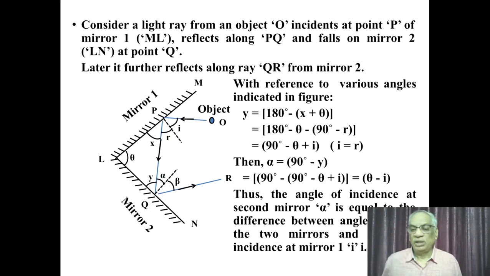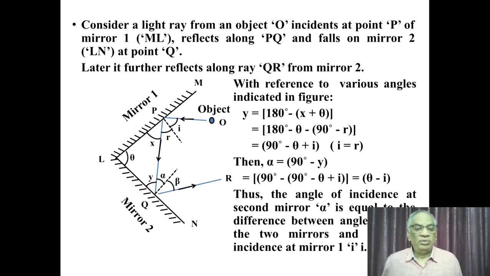The angle of incidence and reflection for the first mirror, with reference to the normal drawn at point P, are i and r. Similarly, for mirror 2, the angle of incidence is alpha and the angle of reflection is beta. Anyway, i is equal to r and alpha is equal to beta. Angle of incidence is equal to angle of reflection.